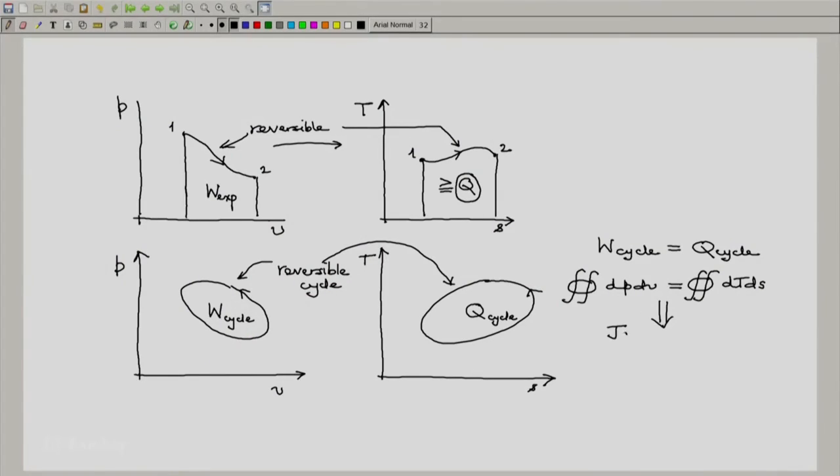What does this mean? This means that the Jacobian of transformation equals 1. Now, what does it mean in terms of symbols?